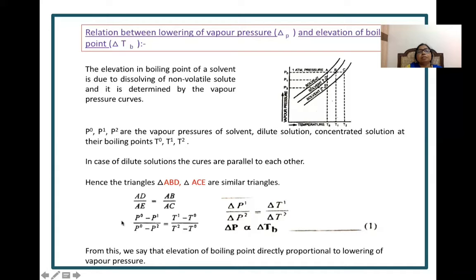Then these differences we can write as delta P1 by delta P2 is equal to delta T1 by delta T2. So delta P is directly proportional to delta TB. From this we say that elevation of boiling point is directly proportional to lowering of vapor pressure.